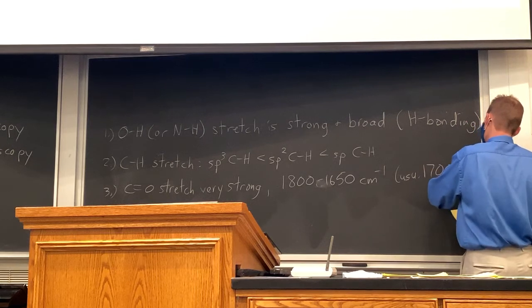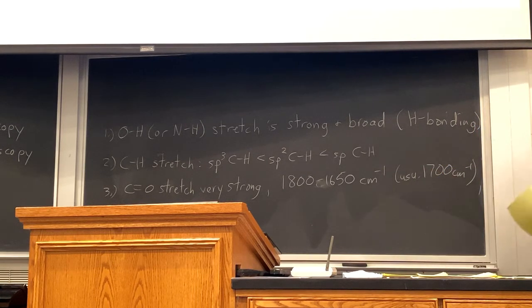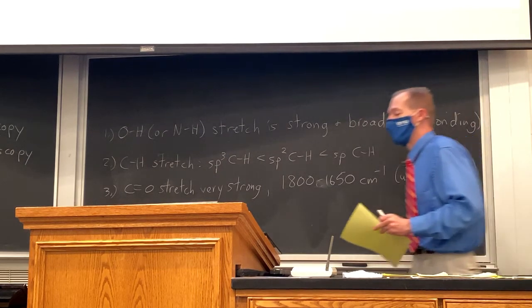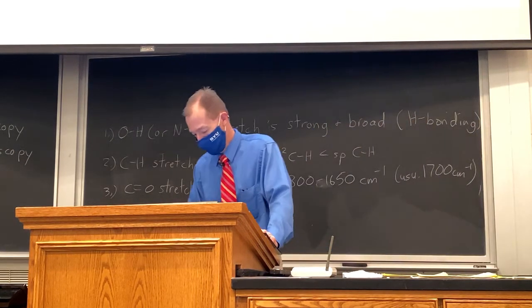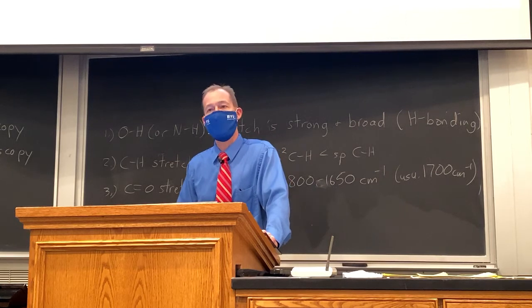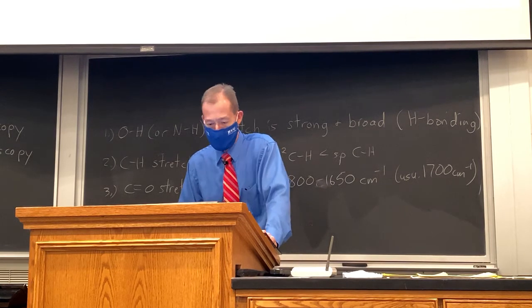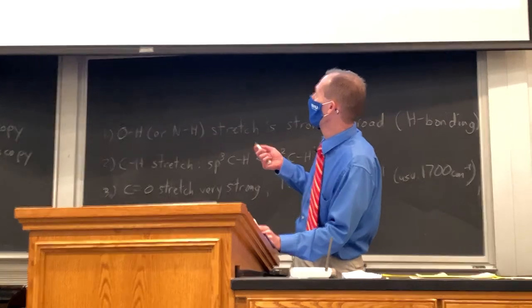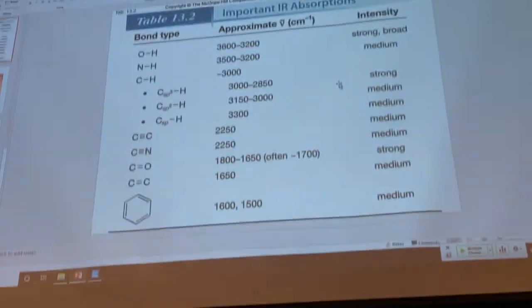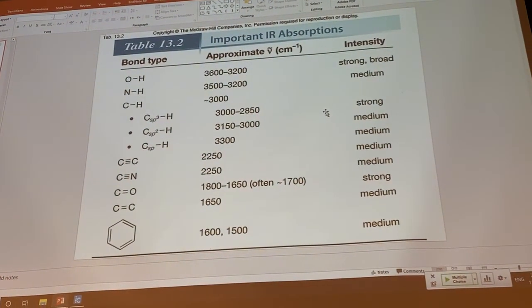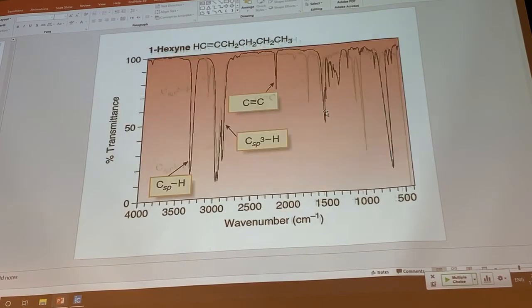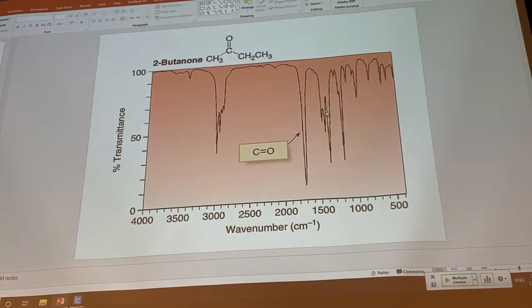So 1700 is the second number that you want to memorize in terms of IR spectroscopy. And there aren't other peaks that show up in that area. Carbon-carbon double bonds are kind of close, but they're usually much smaller. We're usually not looking for carbon-carbon double bonds in an IR spectrum.